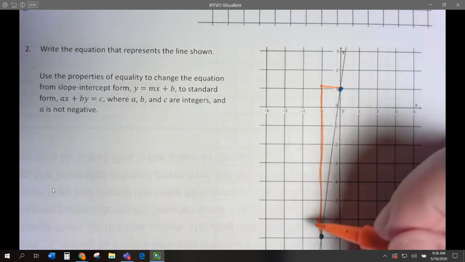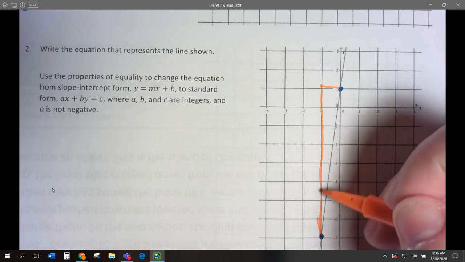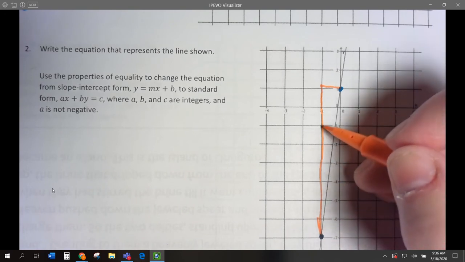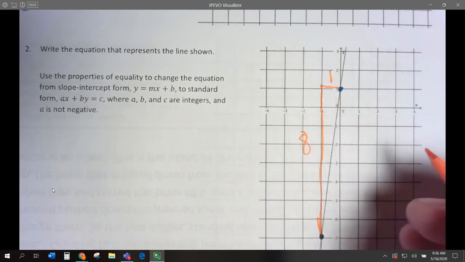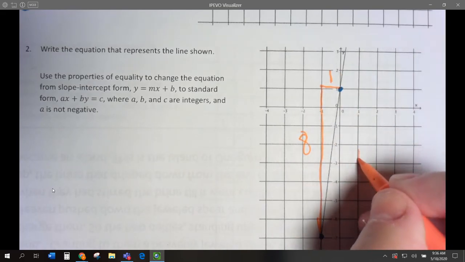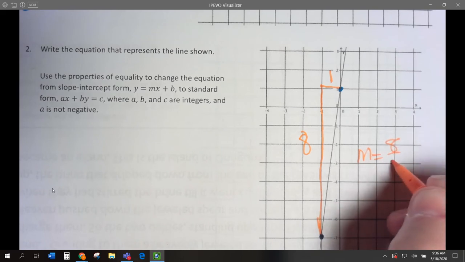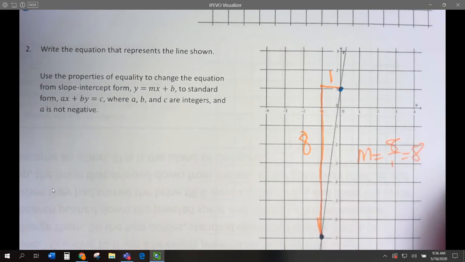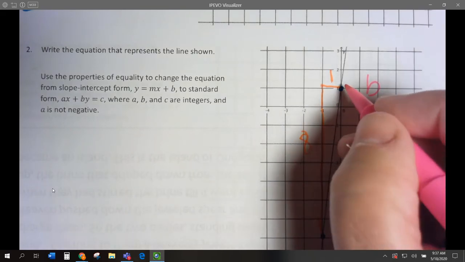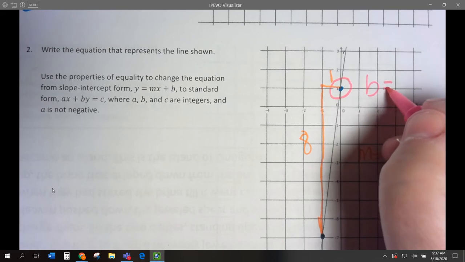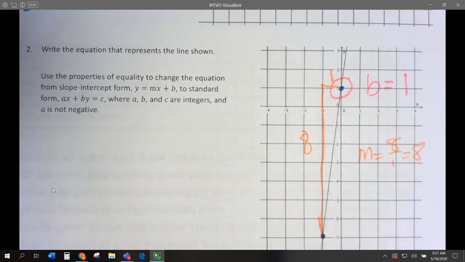So we got 1, 2, 3, 4, 5, 6, 7, 8 over 1. So our m equals 8 over 1, or just 8. And b is where it crosses the y-axis, so b equals 1.